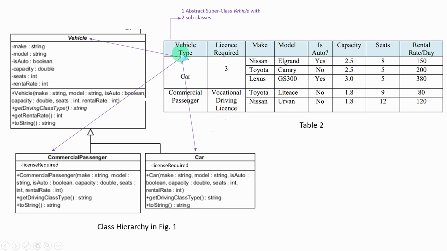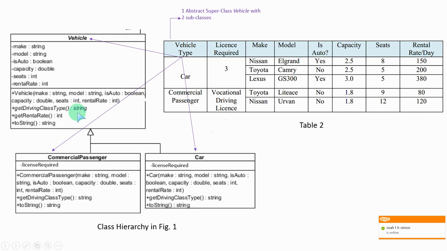Firstly, it creates a superclass, which is an abstract class vehicle, because it's italicized. This is an abstract class because one of the methods, get driving license class type, is abstract.